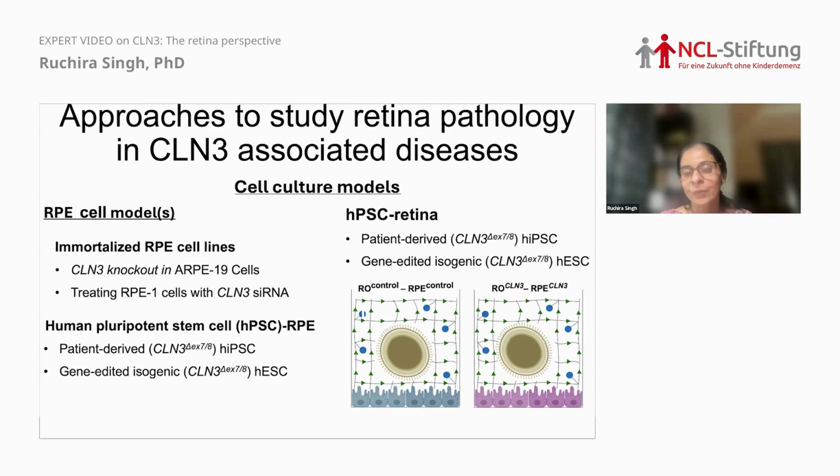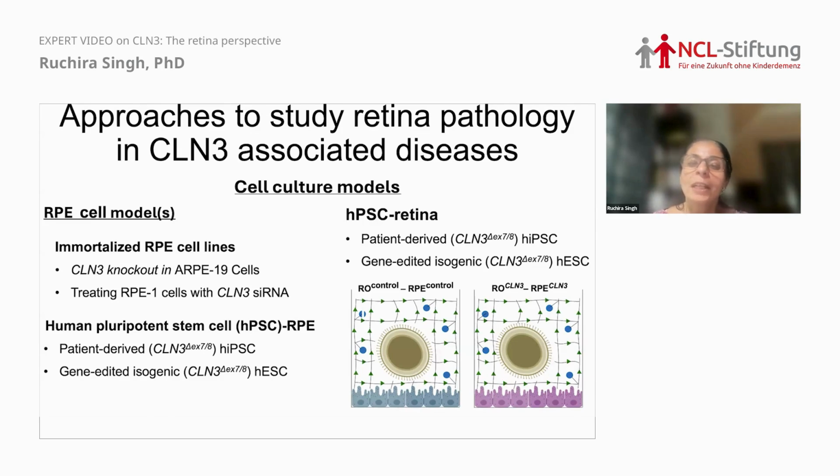So these two approaches have now been utilized to link CLN3 mutation to specific defects or specific pathology associated with CLN3 disease in the RPE cells. And so they provide another platform to study the CLN3 pathobiology in the retina.